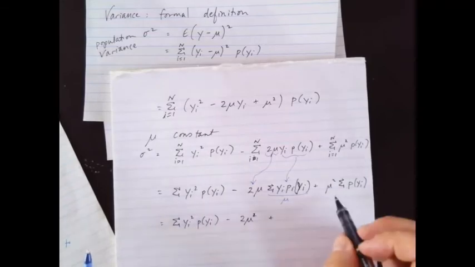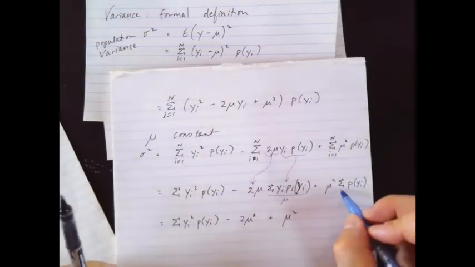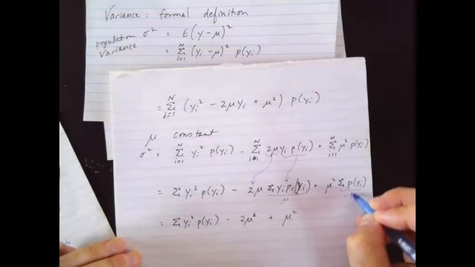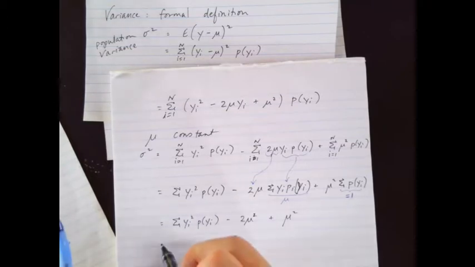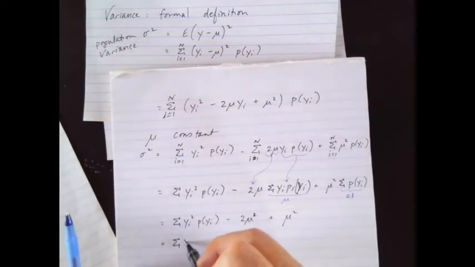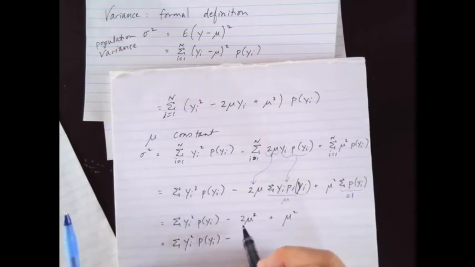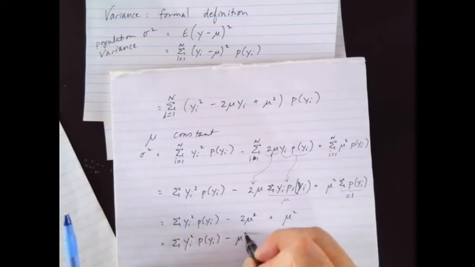And then we've got plus mu squared. And what's the sum of the probabilities? Well, that equals 1. So we have minus 2 mu squared plus mu squared. So this is the sum of yi squared times probability minus, well, minus 2 plus 1, so that's minus mu squared.